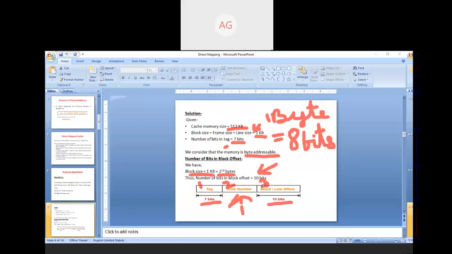Just draw this diagram: tag, line number, and block or line offset. So moving to the next slide, just remember that the tag is of 7 bits and we already found the block or line offset is of 10 bits. Also note that the cache memory size is given to us, which is 512 KB.